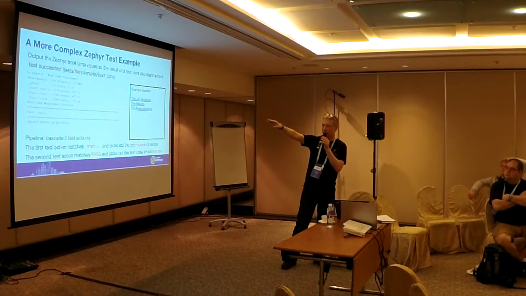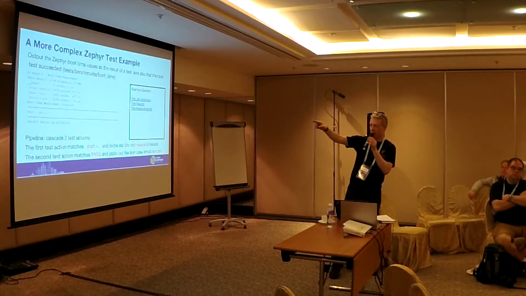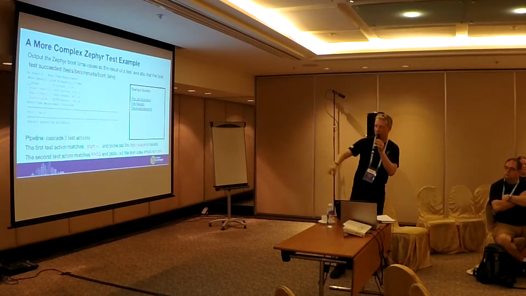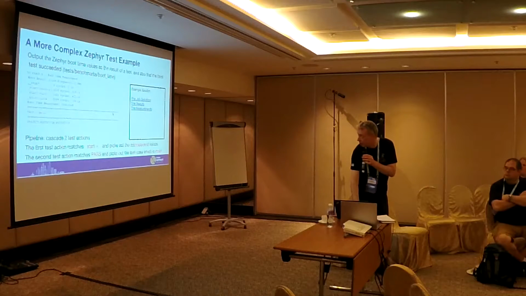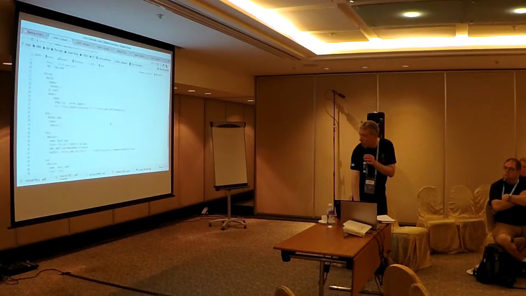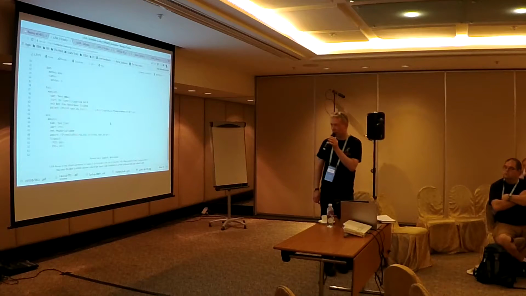For boot timing, there's a job definition that has a test action that matches first of all the start action and the number, and then a second test action that matches the pass main. So there you've got a test with two test actions.